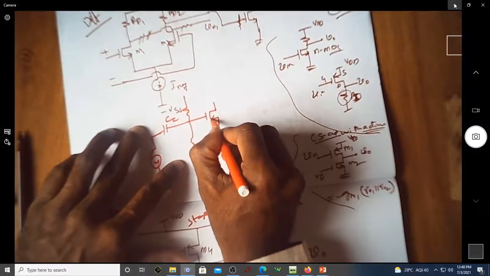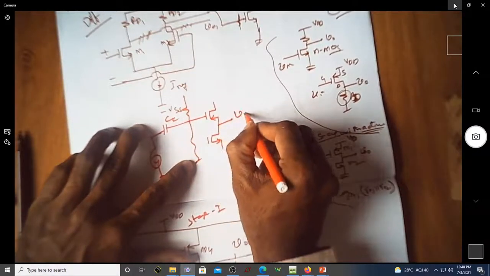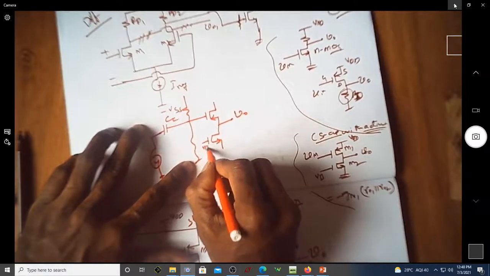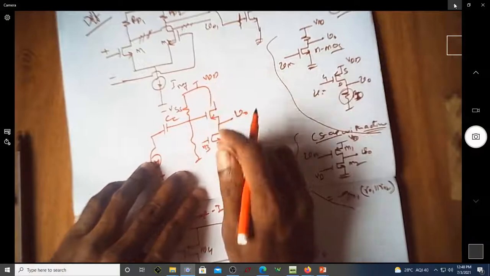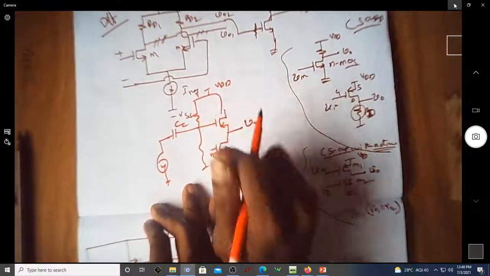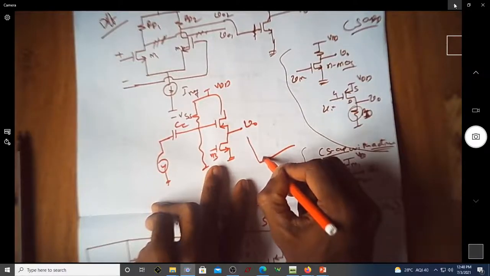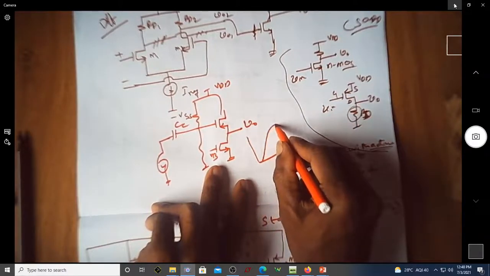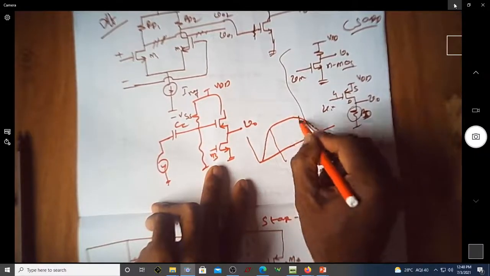Suppose this is my PMOS active load and this is V0, and you have some biasing here. If you write the frequency response of this, we know it is going to have two cutoff frequencies.